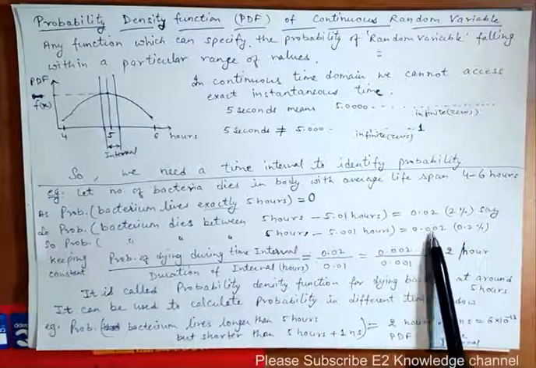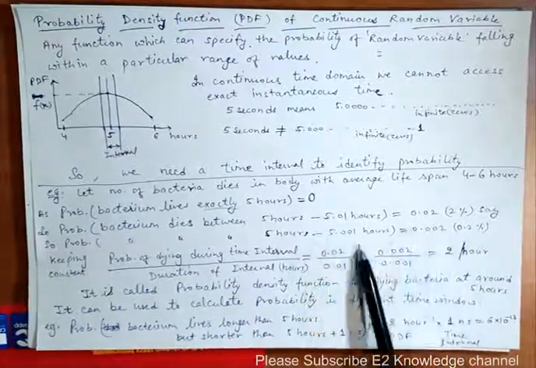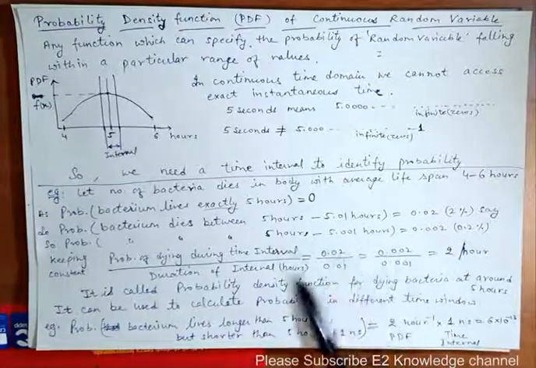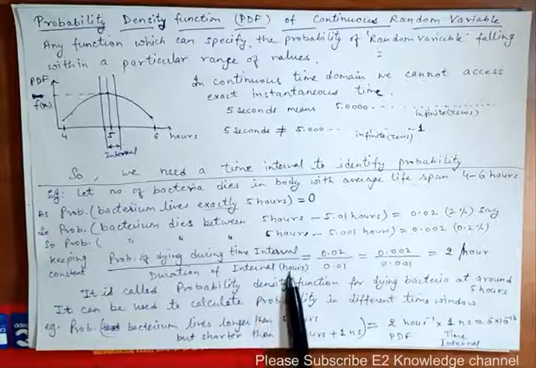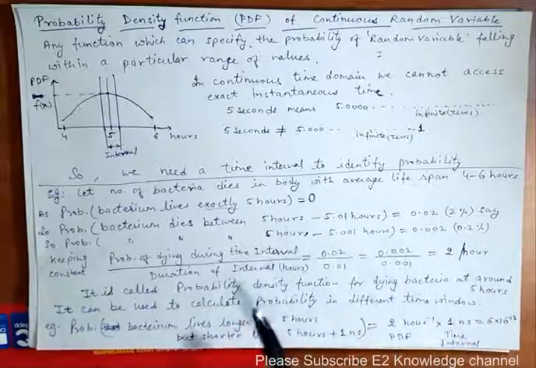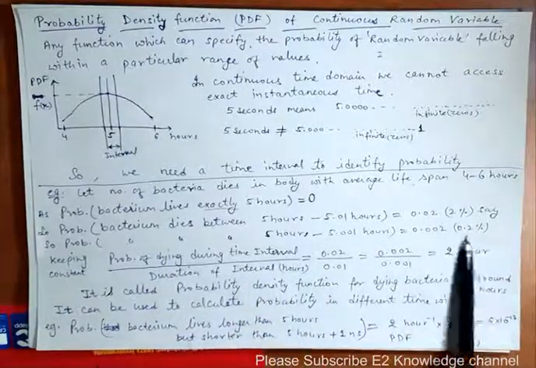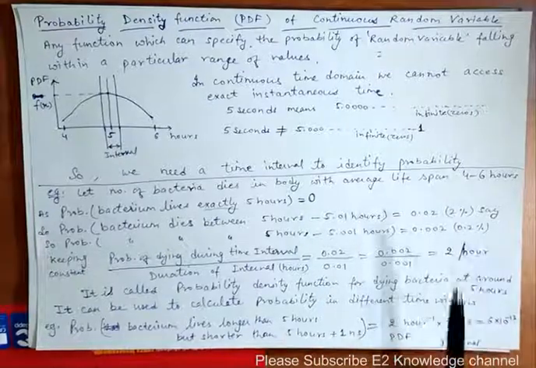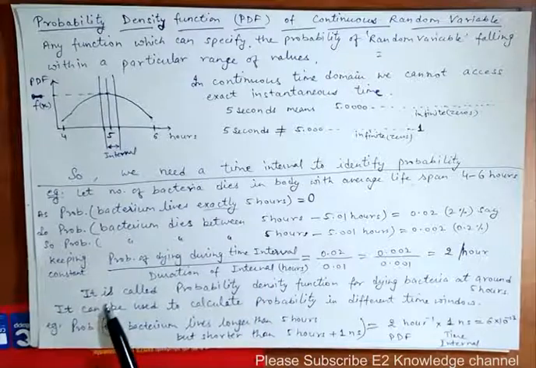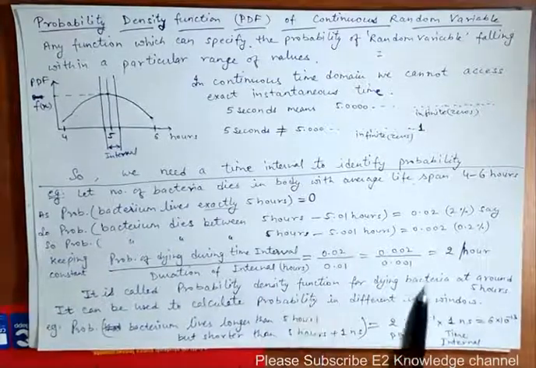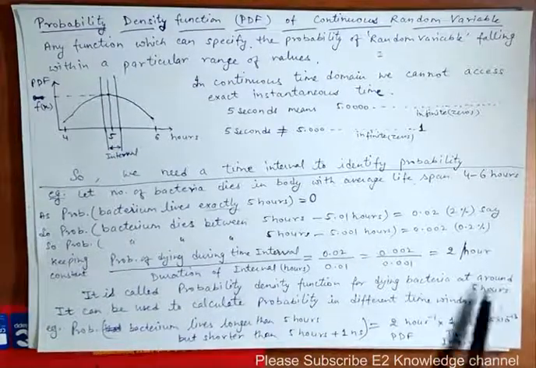In the second case it is 0.002 over a difference of 0.001. This constant is 2 per hour, obviously, because it is in hours. So this particular function, for exactly 5 hours, may be defined as a probability density function. It is called the probability density function for dying bacteria at around 5 hours.